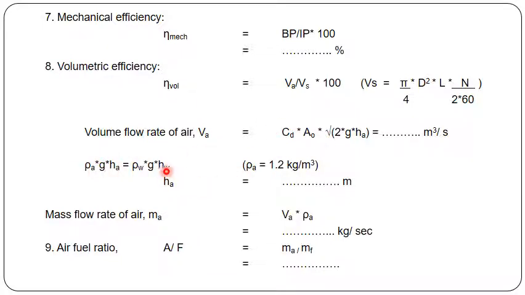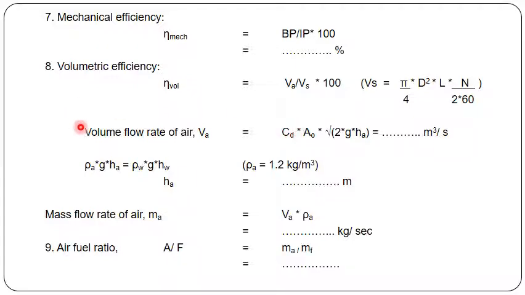Once Ha is obtained, we can use it in a simple formula of volume flow rate, which is area into velocity. Velocity is given as under root of 2g Ha, into coefficient of discharge. The coefficient of discharge is given as 0.6. Area into velocity is the theoretical value, and into coefficient of discharge will give us the actual value.